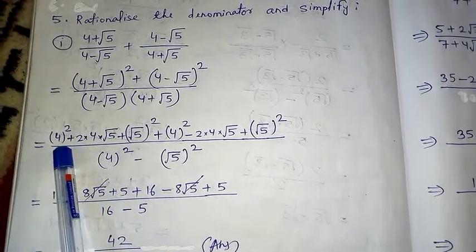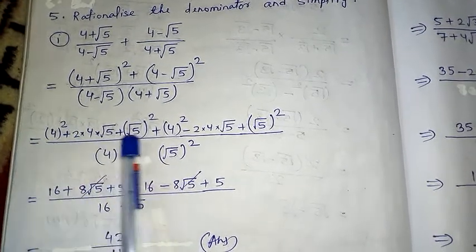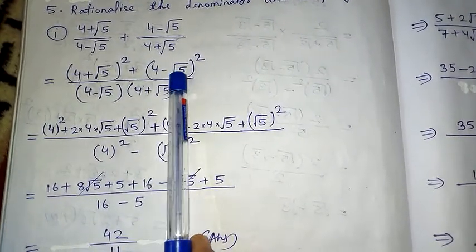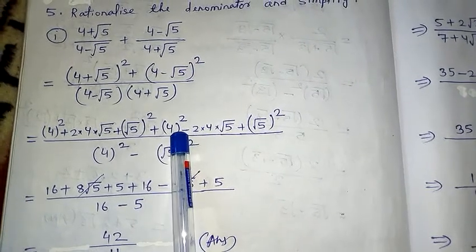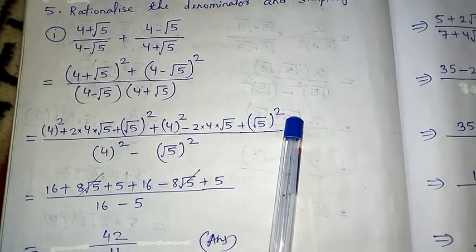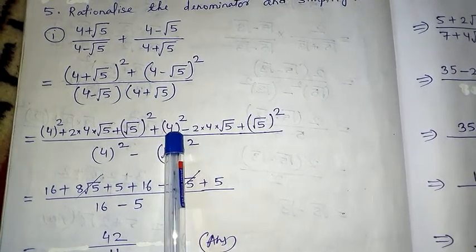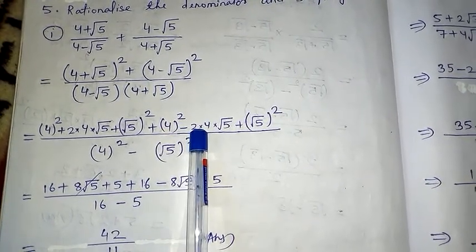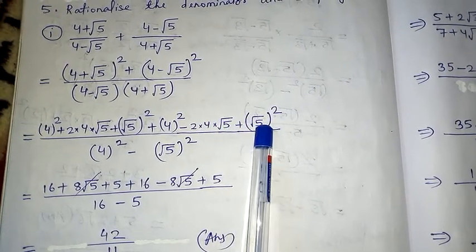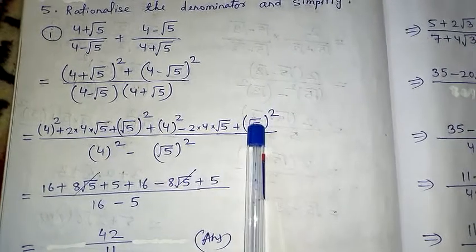As a is 4 and b is root 5, I have put them in the respective places. Next plus comes here. This is the formula of (a minus b) whole square, so a square minus 2ab plus b square. Here a is 4, so 4 square minus 2 into 4 into root 5, plus root 5 whole square, which is b square.